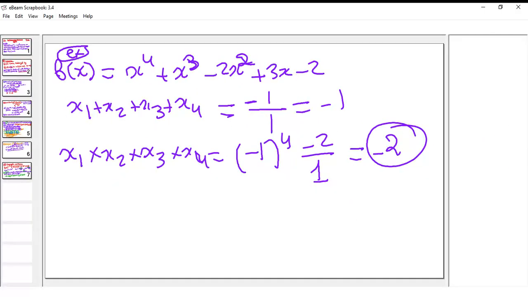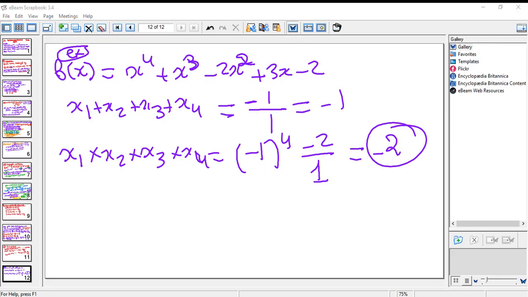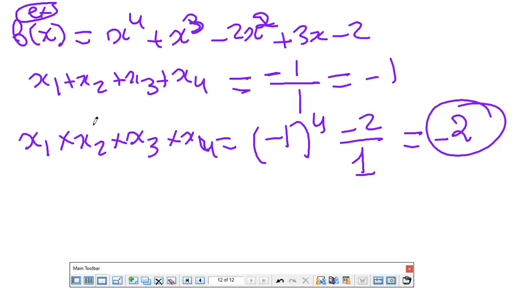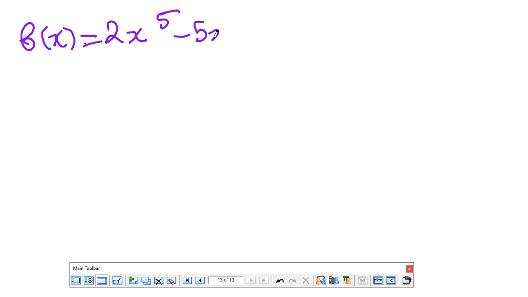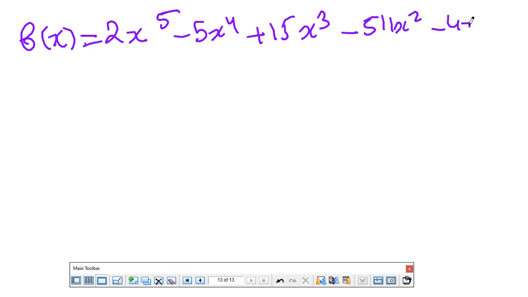If you want, we can do one more example since I still have some more minutes. Let's do one more example. For example, f of x is equal to 2x^5 minus 5x^4 plus 15x^3 minus 11x^2 minus 4x plus 8.